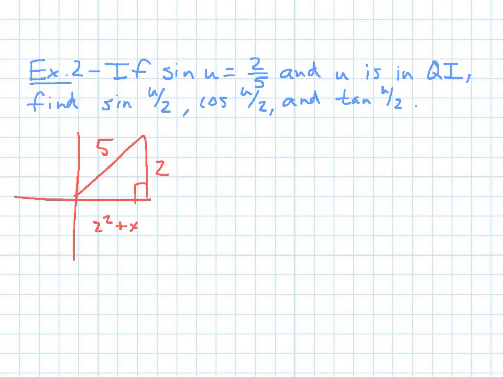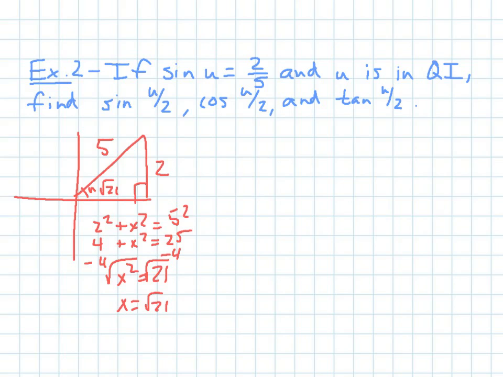Let's find your x. So 4 plus x squared equals 25. Subtract 4. And then take a square root since you're in the first quadrant. Okay, so you get x equals square root of 21.